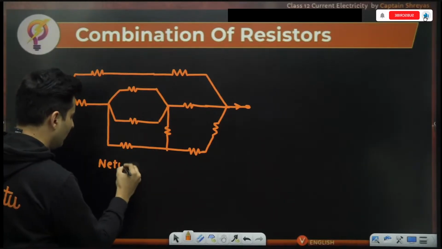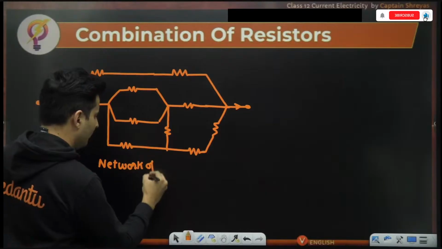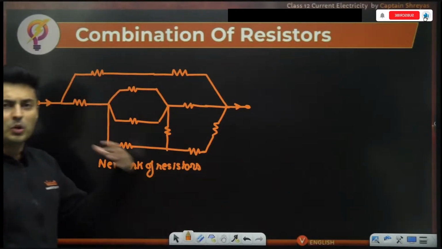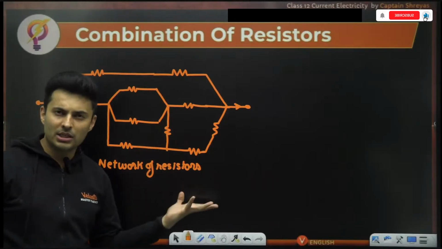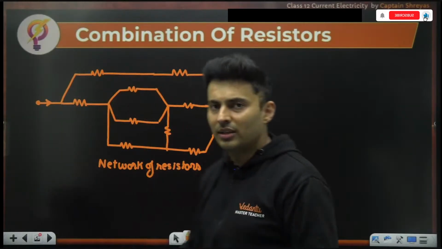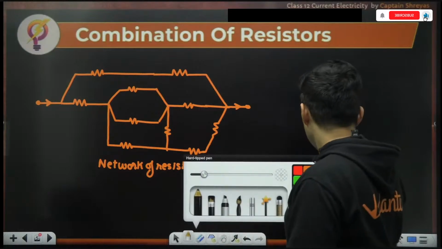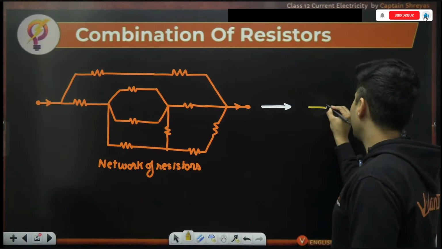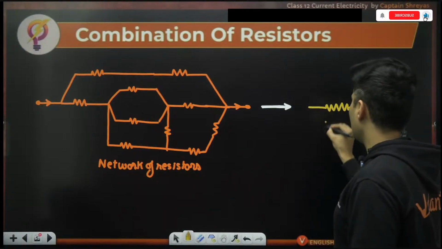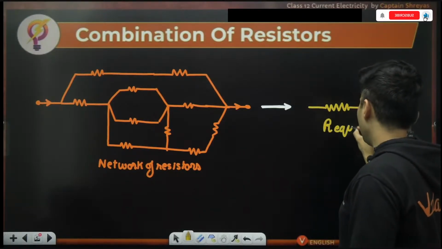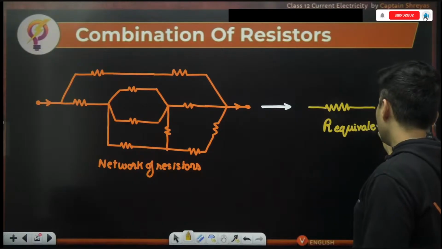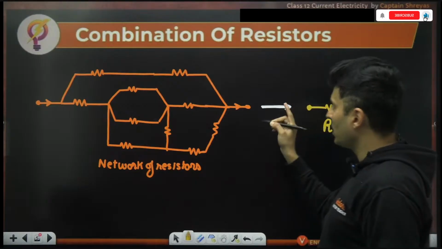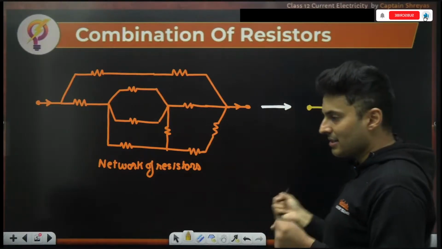No matter what kind of resistors, what combination it is, you can always convert this network of resistors into a single resistor, which is often called the equivalent resistance or equivalent resistor.